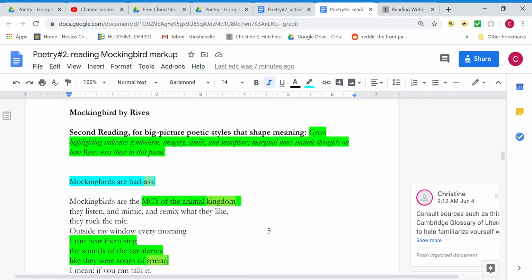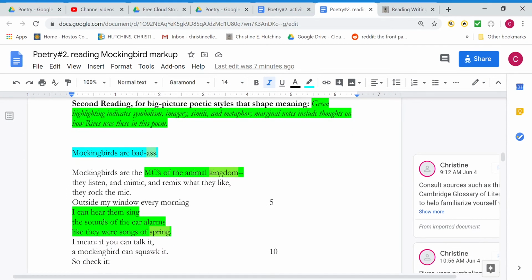The green highlighting indicates symbolism, imagery, simile, and metaphor. The first one is the green MCs of the animal kingdom. Mockingbirds are obviously not masters of ceremonies at performances, although this poem poses the idea that they can function that way because they listen, mimic, and remix what they like. They rock the mic.